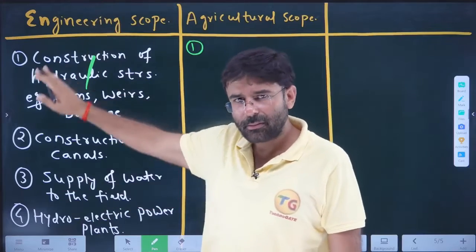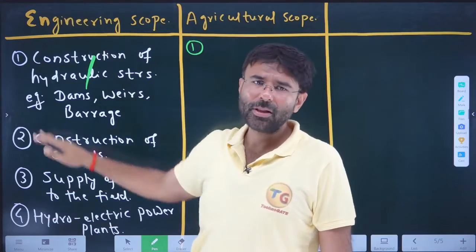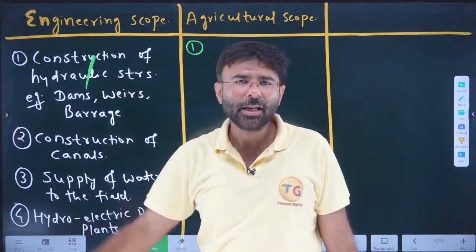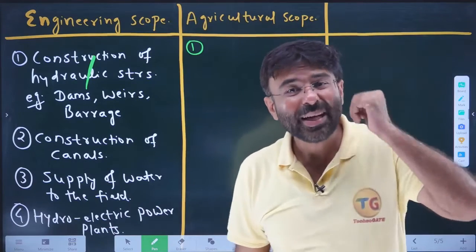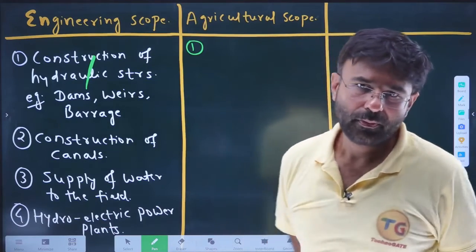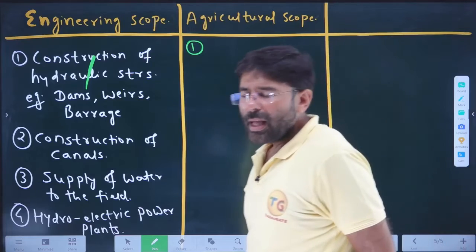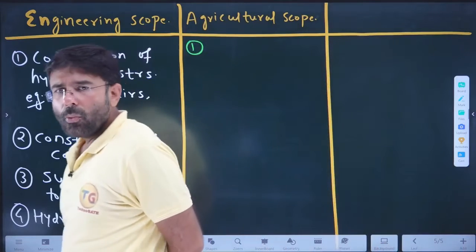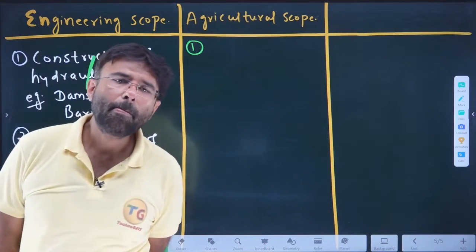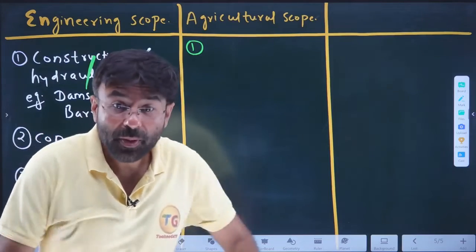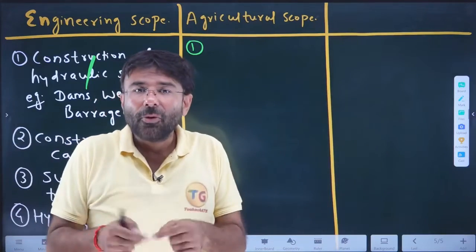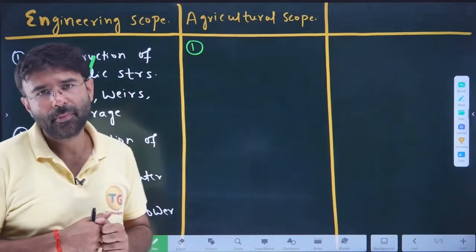The role of civil engineers was this one. But now think of a person who is directly related to agriculture. So as an agriculturist, what is the first thing that I need to do? I have to prepare a land for growing the crops. Correct?